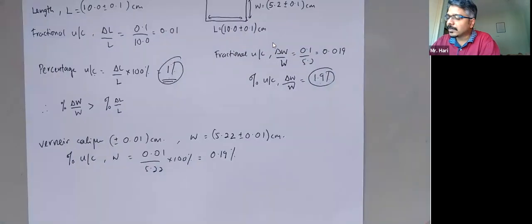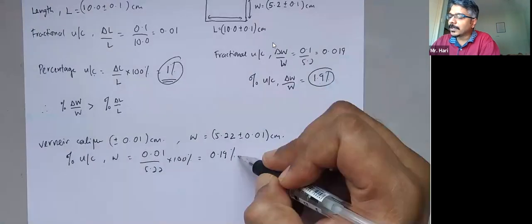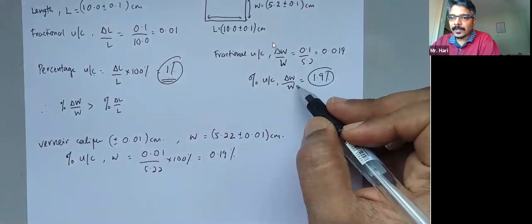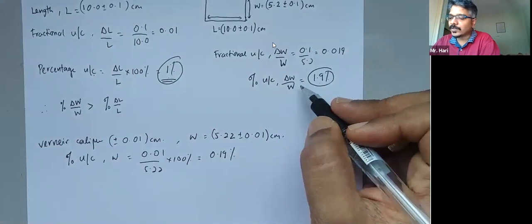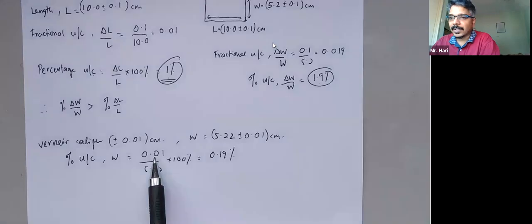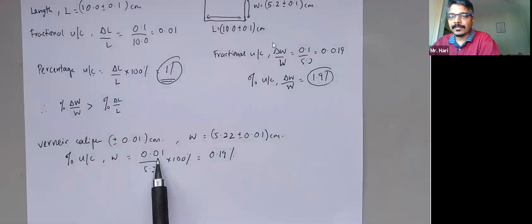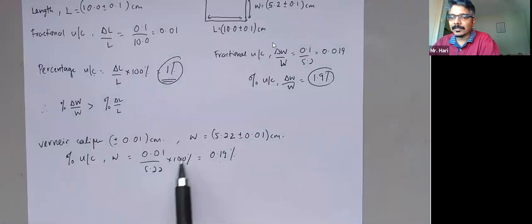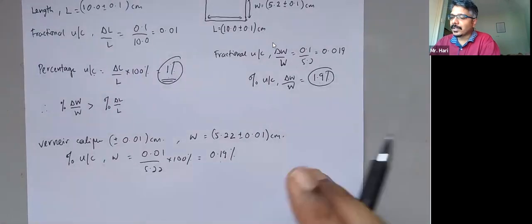That is far smaller than the percentage uncertainty of the width measured by the ruler. The reason is the vernier caliper: if you use a more sensitive tool, the percentage uncertainty becomes even smaller for the same physical quantity.